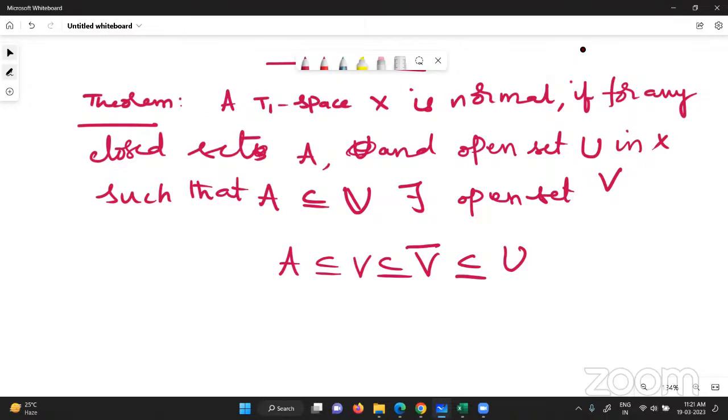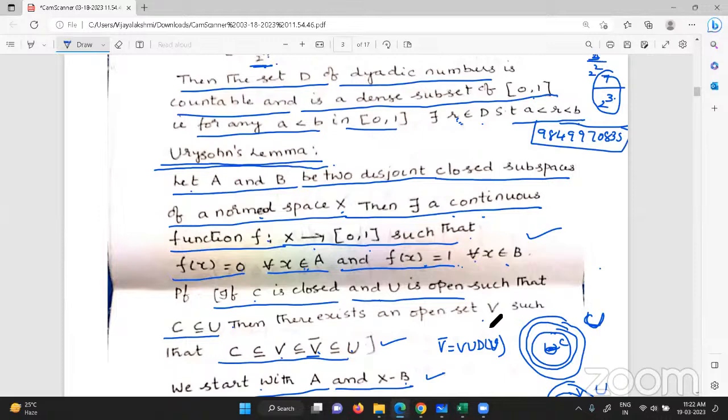So that is the reason I am defining it in a different way. If a T1 space X is normal, if for any closed set A and open set U, there exists an open set V between A and U. So making use of this, I am proving Urysohn's lemma.